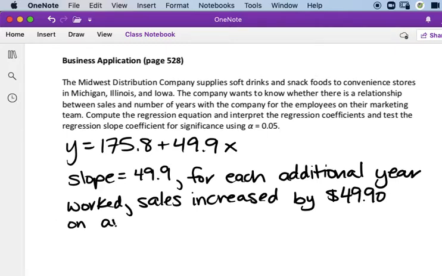That doesn't mean every single person increased exactly $49.90, but on average they did.